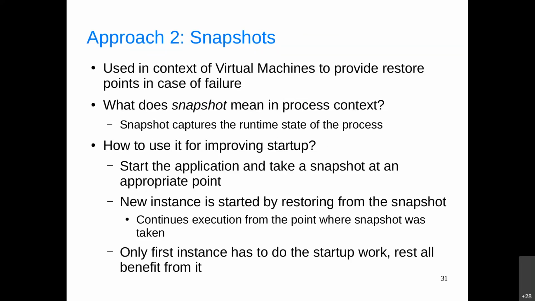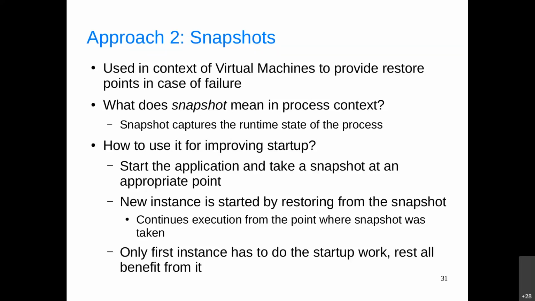But here we are talking about snapshots in the context of processes. When I say snapshot of a process, what it means is to capture the runtime state of the process and store that runtime state in some persistent storage, for example, on the disk in files.